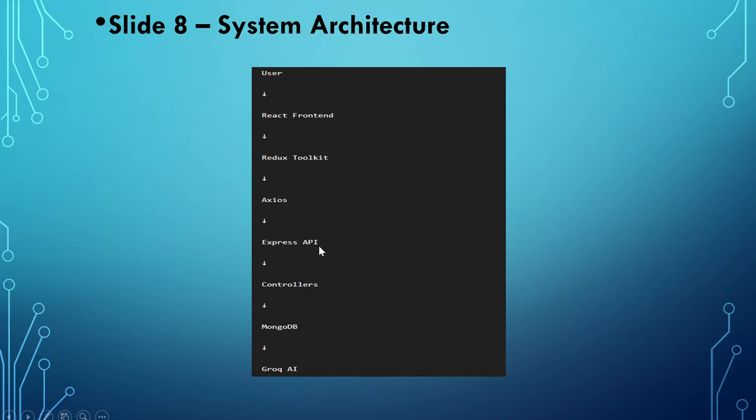The controller processes the request and interacts with MongoDB. If the AI review analysis is requested, the customer reviews are sent to the Grok AI model. The AI processes the reviews and returns the sentiment, summaries, and the top mentions. This is how the flow of our architecture works.